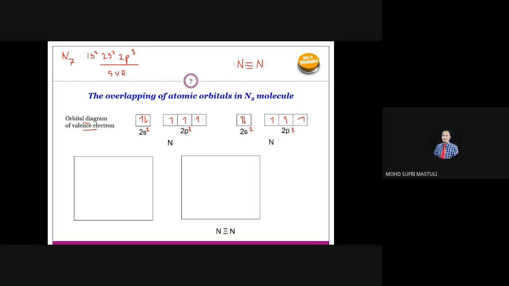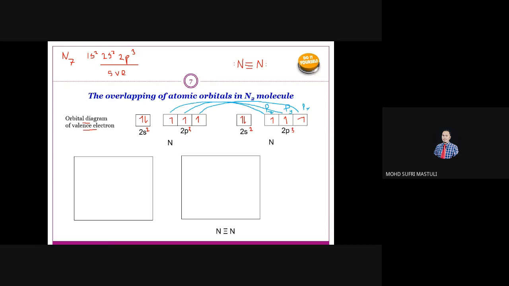So we know which orbitals are involved in the formation of the triple bond: this px with px, this py with py, and this pz with pz. Px with px, py with py, and also pz with pz.